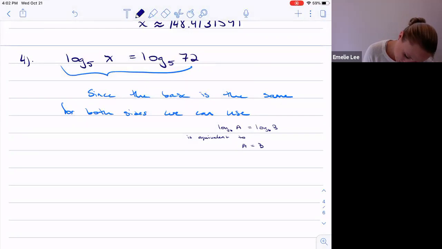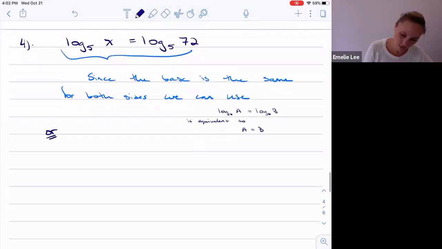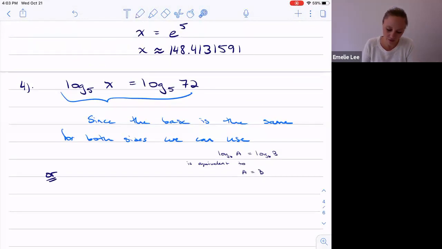Or you could raise everything to the power of 5. Log base 5 of 72 is just a number, and you can find it by taking the log of 72 over the log of 5. It's a little bit of work, but not bad. Then if you raise 5 to the power of both sides, this would shake out.